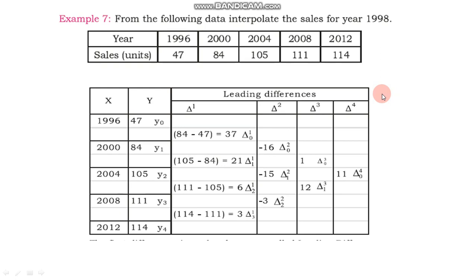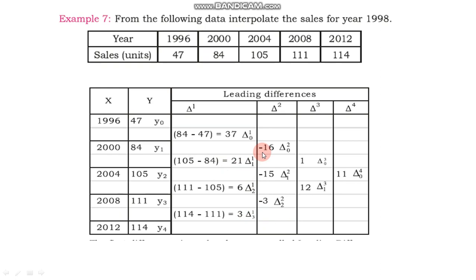From the following data, interpolate the sales for the year 1998. The data are given, with the year and sales in the x and y columns. We'll go for the leading difference table. 84 minus 47 gives 37, 105 minus 84 is 21, 111 minus 84 is 21, 114 minus 111 is equal to 3.